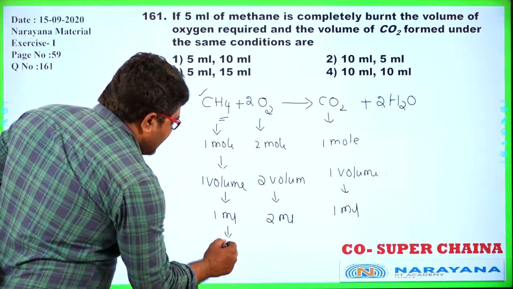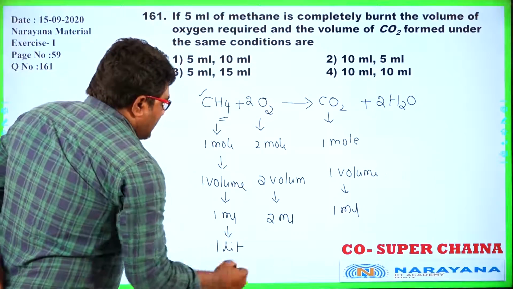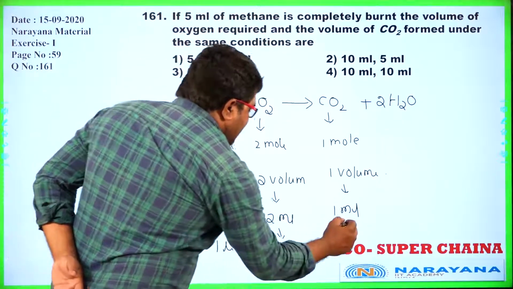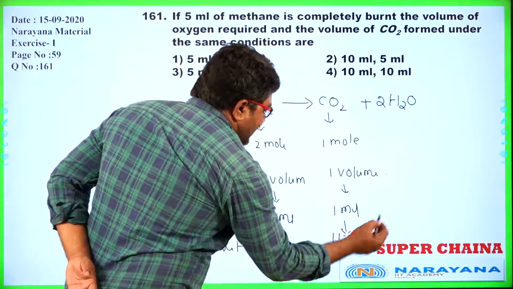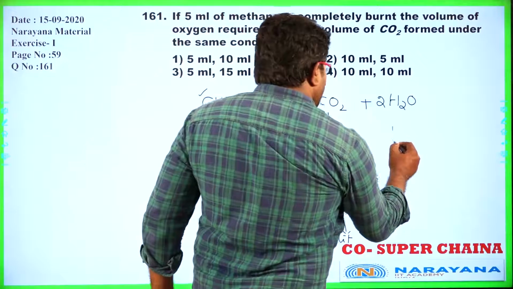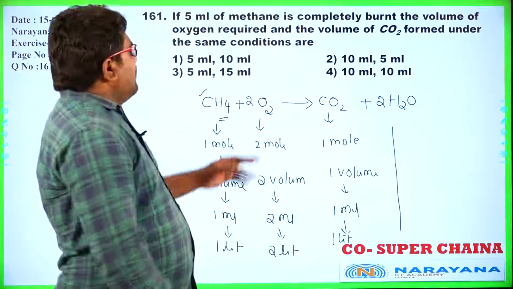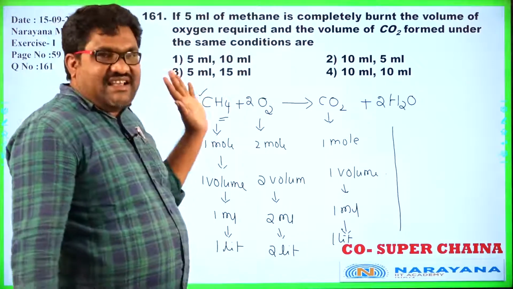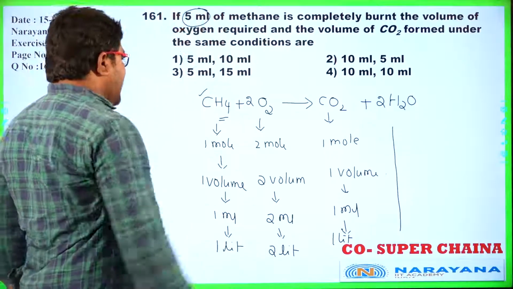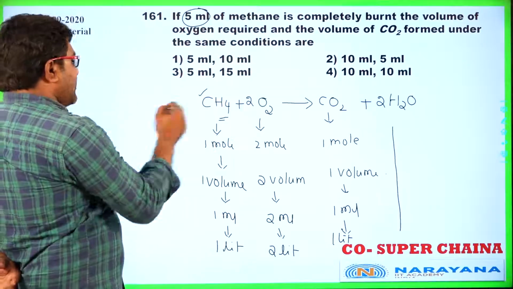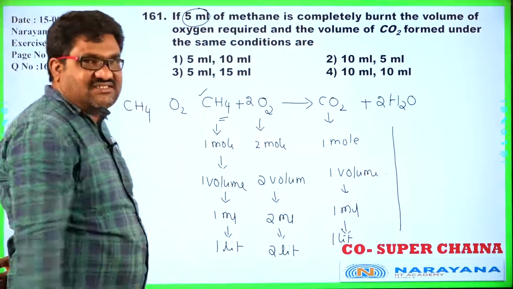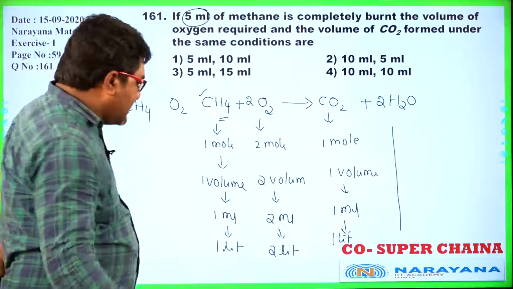So 1 liter of methane requires 2 liters of oxygen and 1 liter of CO2 is formed. Now, the volume of oxygen required is asked, and he has given methane in milliliters, so I am going to take milliliters. I am going to compare methane volume and oxygen volume according to the balanced reaction in volumes ratio.